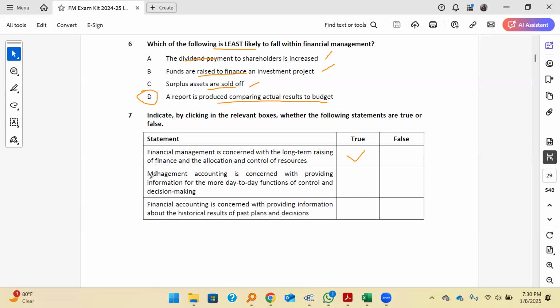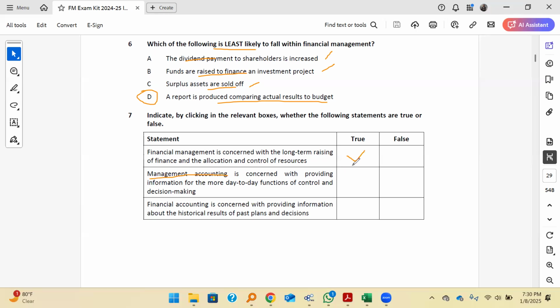Then we have management accounting, which is what we did at level 1. It is concerned with providing information for the more day-to-day functions of control and decision making. Because we have all three here, financial accounting, management accounting, and financial management, which you have already said is true.